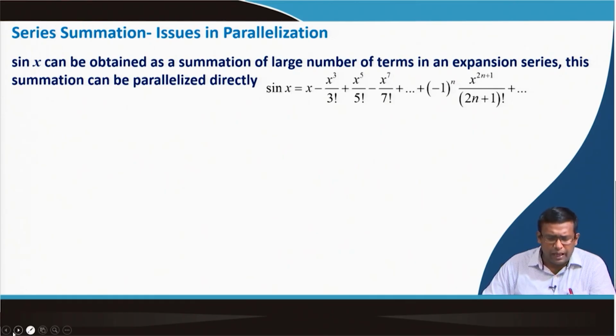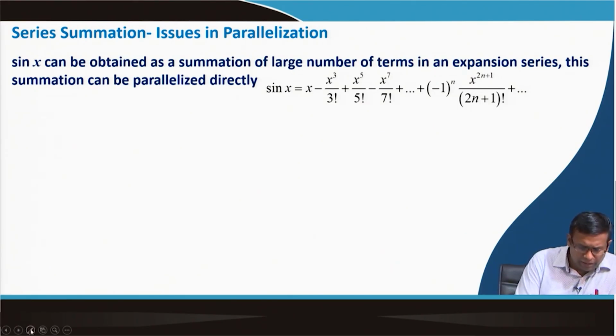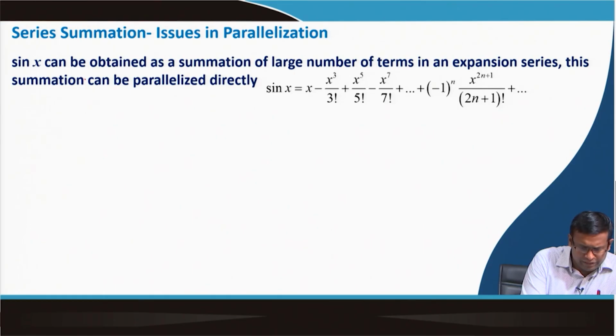And the problem is this cannot be parallelized directly. Why? It's written wrong here, I mean, can it be parallelized directly? So, this remains a question. This actually we can see that it cannot be parallelized directly.